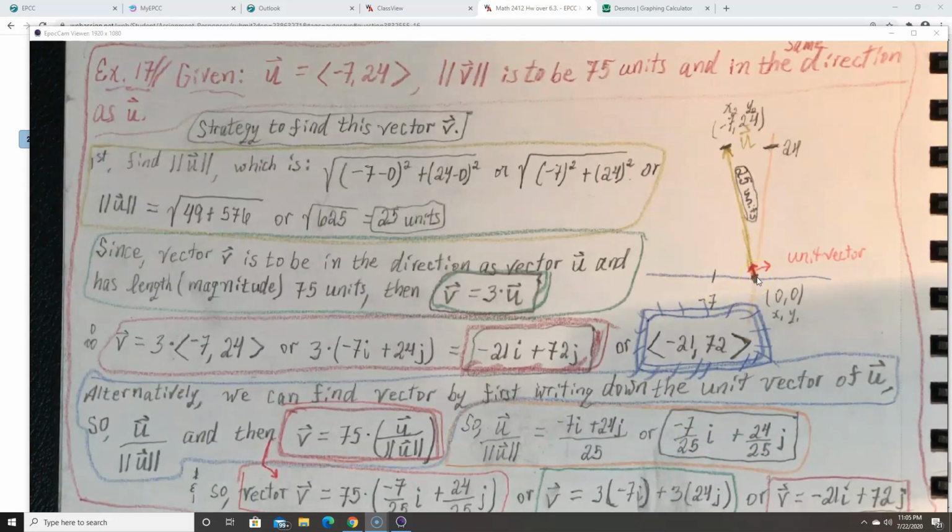If you go negative 7/25 of a unit, which is very little, plus 24/25 j, that's almost 1 unit upward, and that'll get you to the terminal point of this vector, which they also call the tail of the vector.